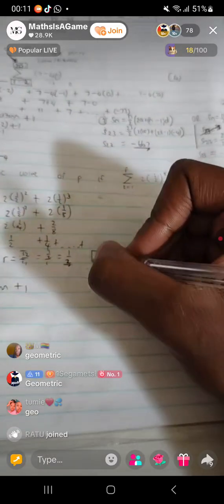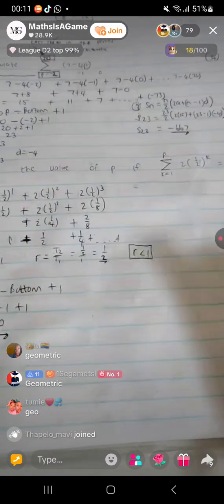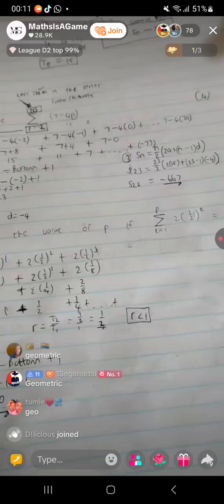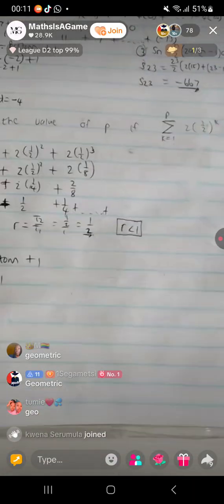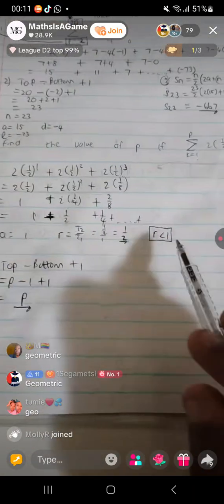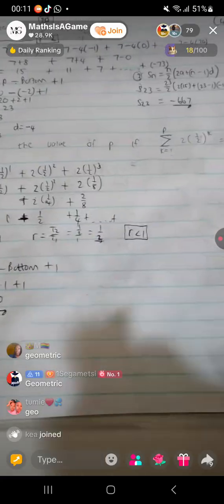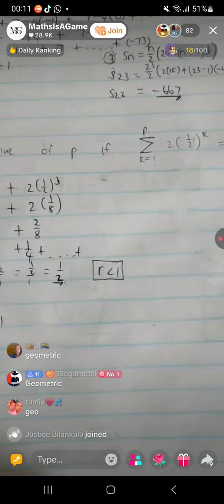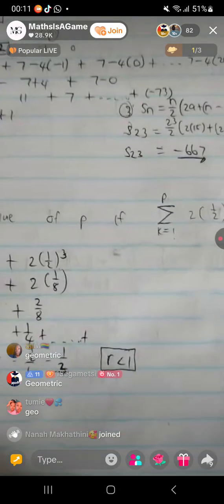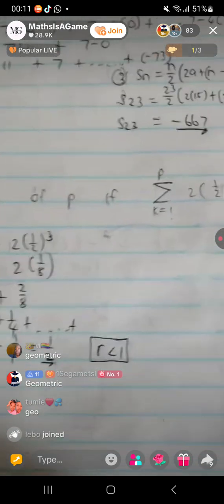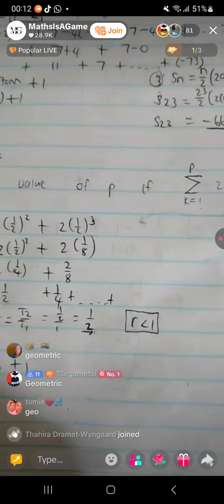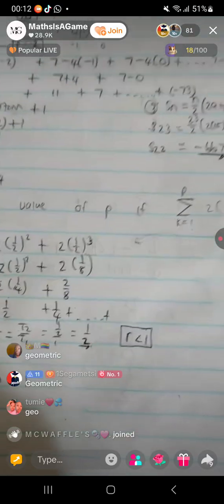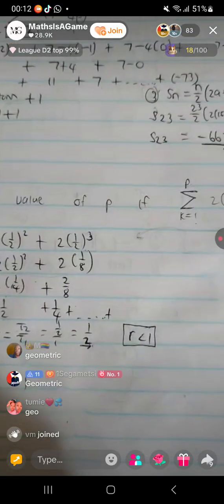And remember, we have a formula that we use when we are calculating the values when r is less than 1. So I'm going to choose that formula, and then I'm going to take it from there.